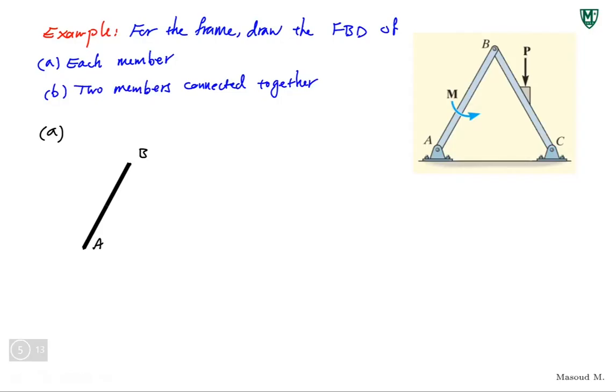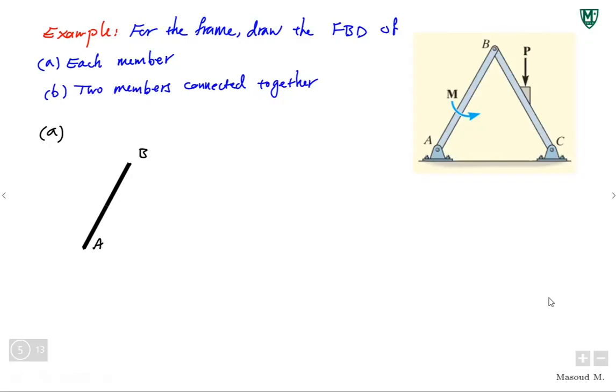I'm just looking at member AB. I want to draw the free body diagram for member AB. What do you see that I have to put there? What needs to be taken into account when I'm looking at this free body diagram? Give me some suggestions.